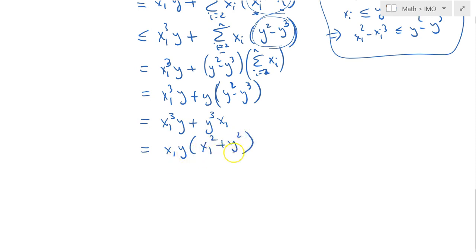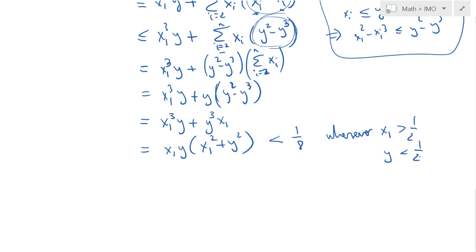which is not too hard to show that this thing is always less than 1/8 whenever x1 is greater than 1/2 and y is less than 1/2.